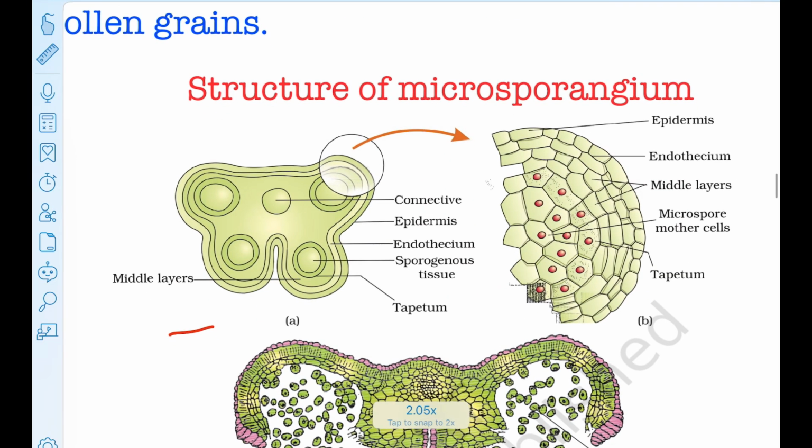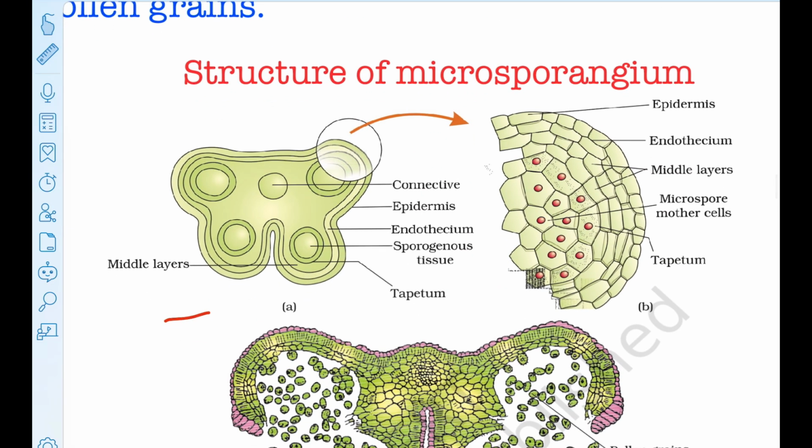Okay, now come to the diagram. So it is a structure of a young anther. Here you can see that it contains sporogenous tissue in the center. Okay, these sporogenous tissues are responsible for forming microspores. We will discuss them later. And the young anther is surrounded by epidermis.